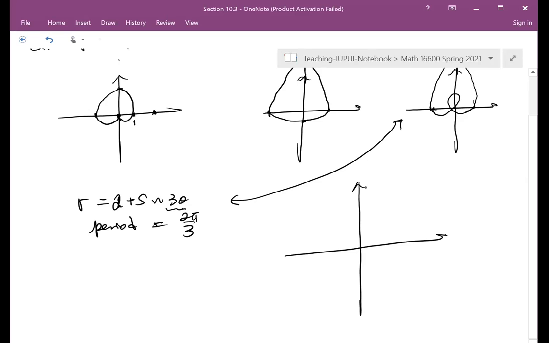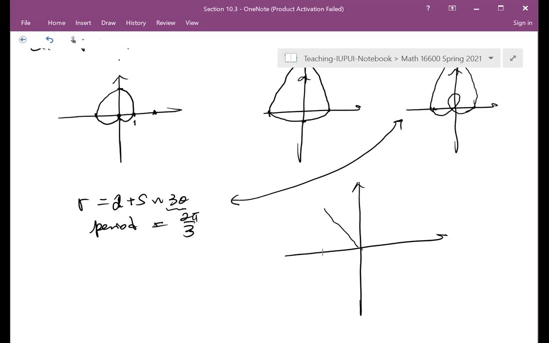So take a look at 2 pi over 3. 2 pi over 3 is 120 degrees.